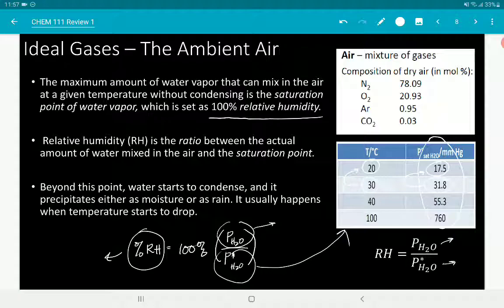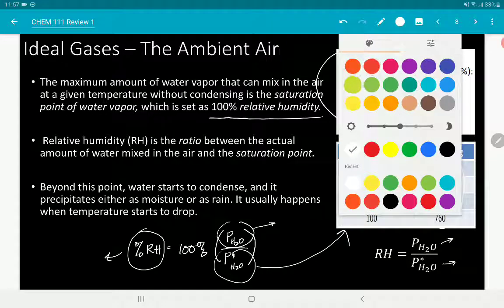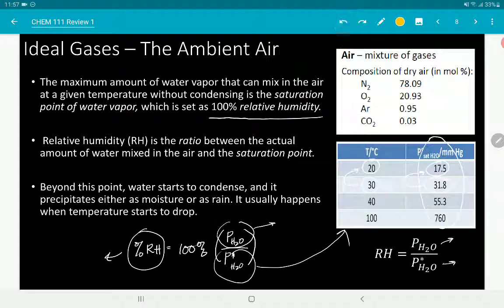Okay? So, take note that air is composed of the dry part. Okay? So, meron tayong dry air. This is the dry air. Dry air. So, dry air is composed of the other gas particles aside from water. Okay, so nitrogen, oxygen, argon, and carbon dioxide.